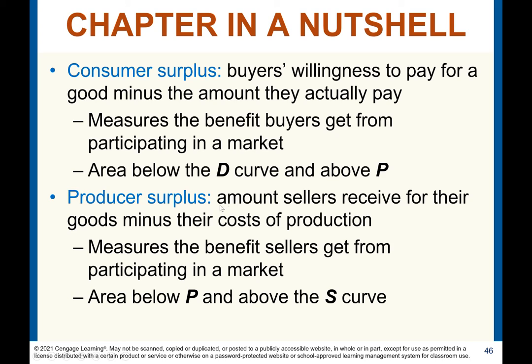Producer surplus is the amount sellers receive for their goods minus their costs of production. It measures the benefits sellers get from participating in a market. It is the area below the price and above the supply curve.